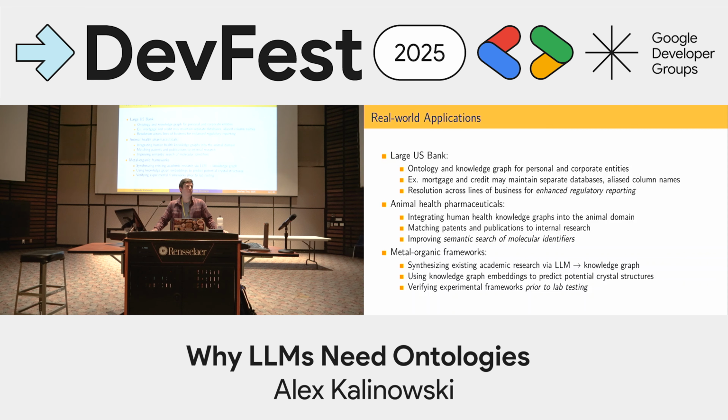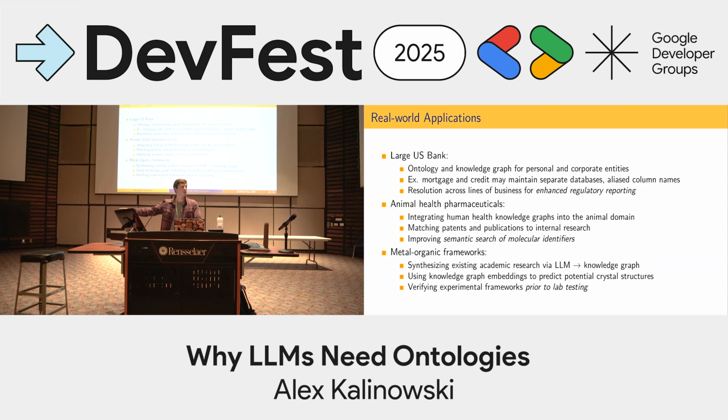So all very theoretical work, right? Tons of math. But how does this actually work? Well, I've done it 3 times now. First, at a large US bank, as I mentioned before, we had this ontology and knowledge graph for personal and corporate entities. Different branches of the bank may maintain their separate databases.